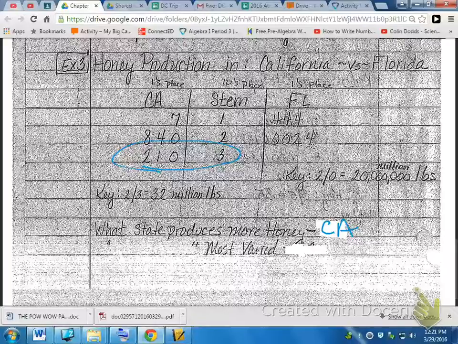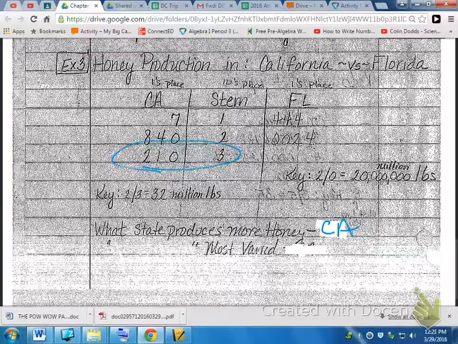Which one is the most varied? Anybody know what that word means? What's varied mean? Like different kinds of honey. Not different kinds of honey, but varied means more spread out. So which has the more spread out amounts, James? Not that, you're thinking of the interval with the most. Look at California.